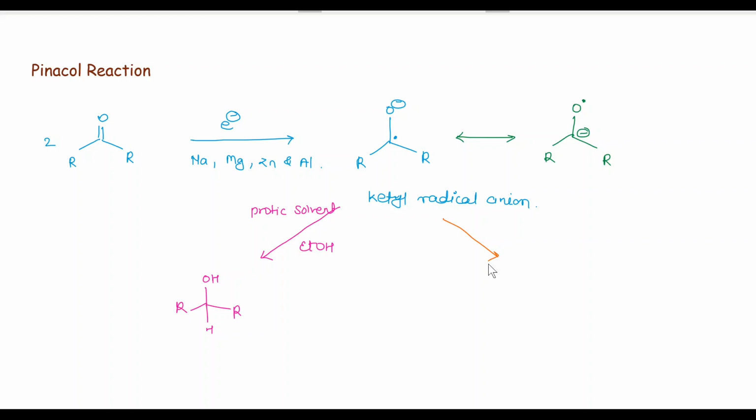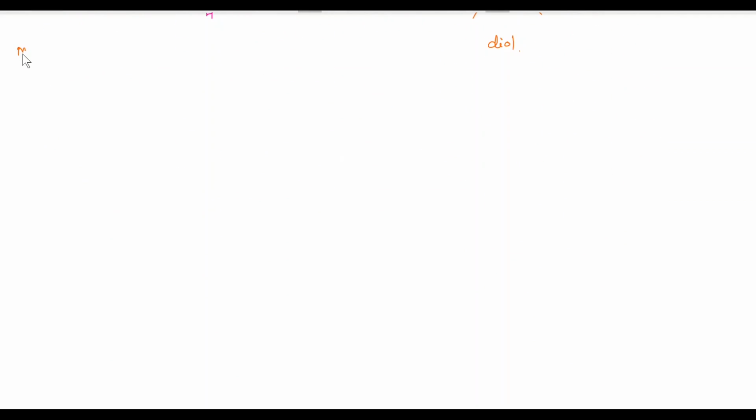And if this ketyl radical anion in presence of an aprotic solvent such as benzene, ether at 80 degrees Celsius, we get this diol as a product. Now moving towards mechanism.